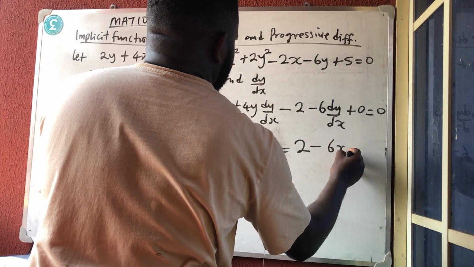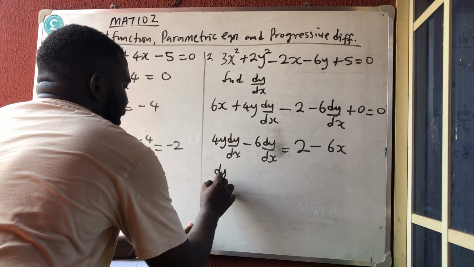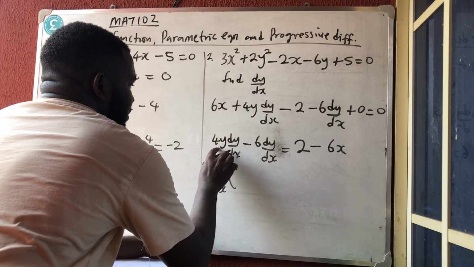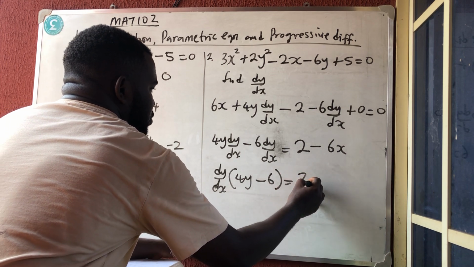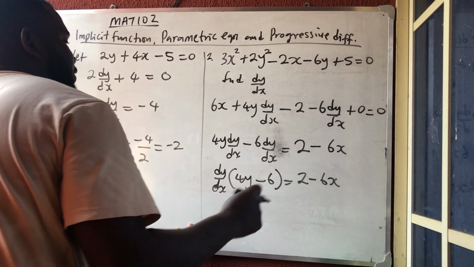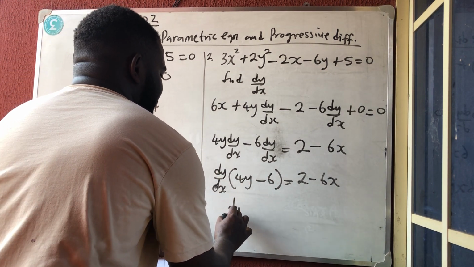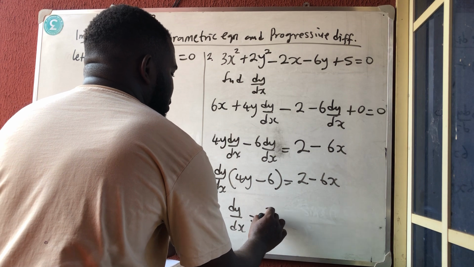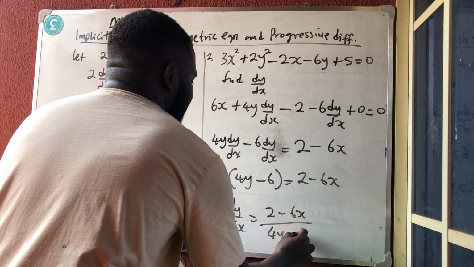This one crossing over, I'm having minus 6x. Okay, so factorize. What is common between these two is dy/dx. And what is remaining here is 4y, and what is remaining here is 6. Is equal to 2 minus 6x. So divide everybody by 4y minus 6 so that dy/dx will stay alone. I'm having 2 minus 6x all over 4y minus 6.